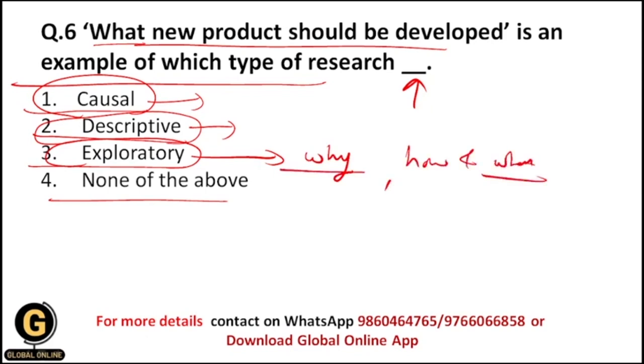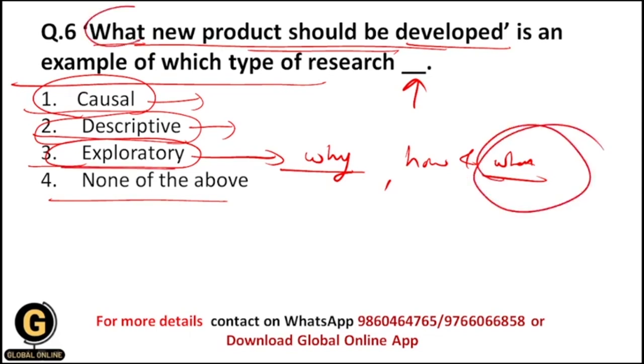So if I want the answer for the question what new product should be developed, then for this kind of question I will follow exploratory research, because here I will be getting the answer for what, and that's why the correct answer over here is third, that is exploratory research type.